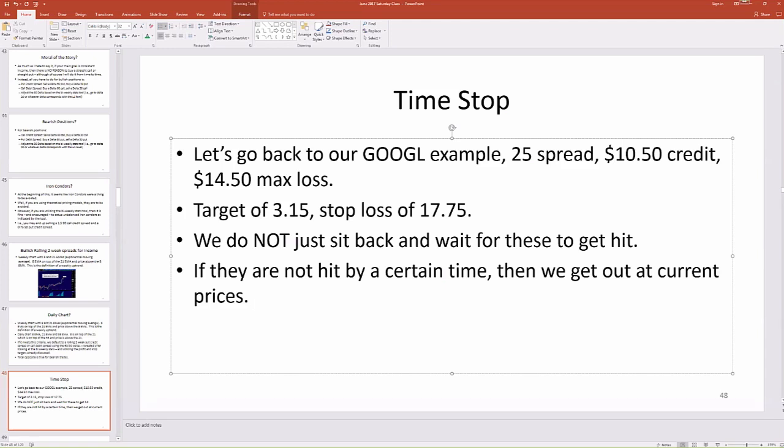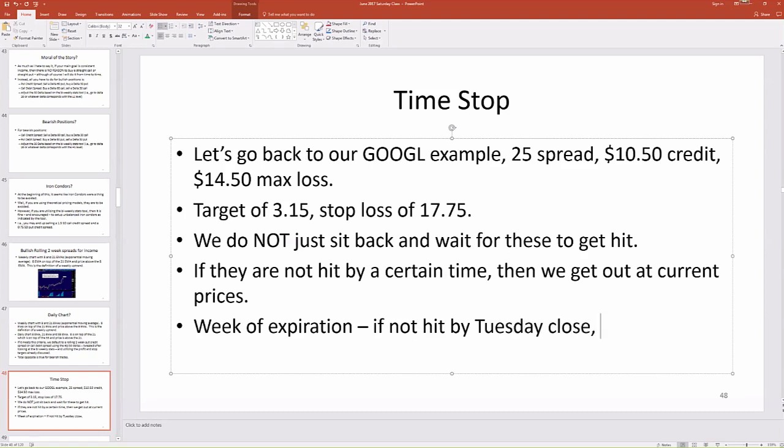Okay, so week of expiration. If not hit by Tuesday close or Wednesday open at the latest, then look to close at current levels.